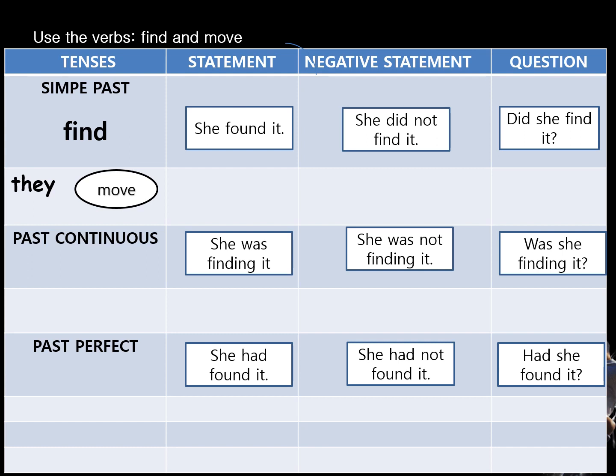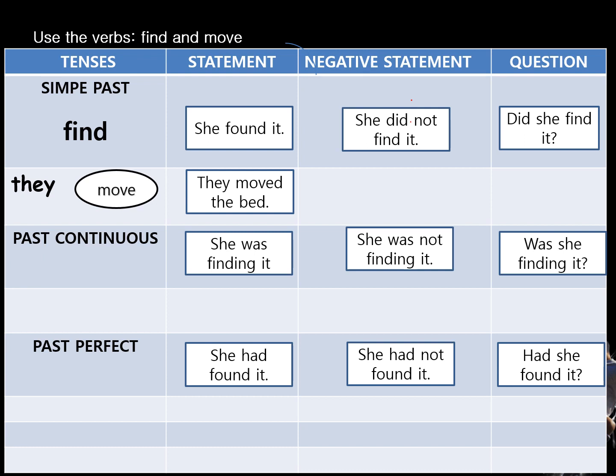Now, let us use it in statement. We have their move in the present form and then they in the plural form of a subject. So, under the statement past tense, we have they moved the bed. So the verb move becomes moved.